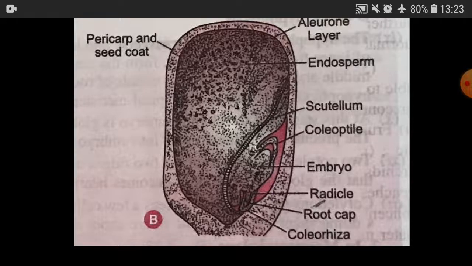You will be able to see all the different parts. I think you have all done this in your lower classes also, and you all eat sprouted grains also. Sprouted grains are what you have to see in order to see the cotyledons and the presence of the radicle and the plumule. So you can perform it at home if you want to see it more properly.